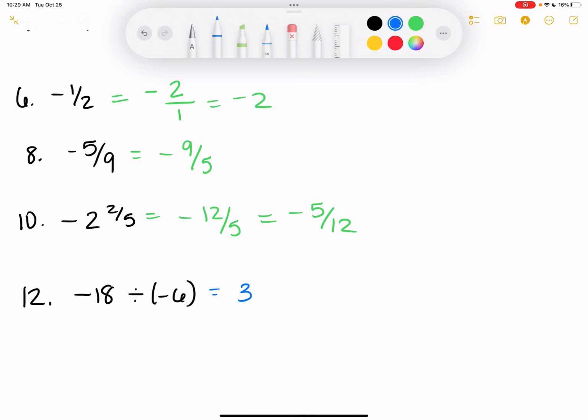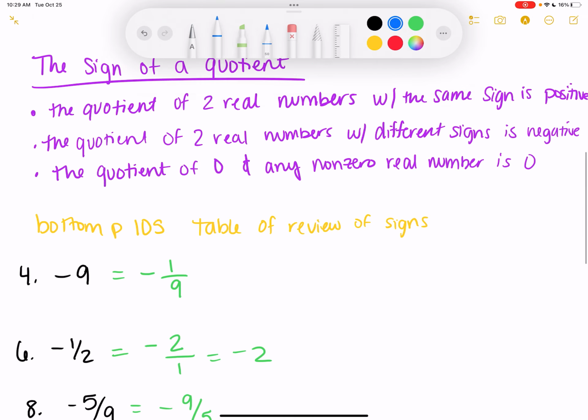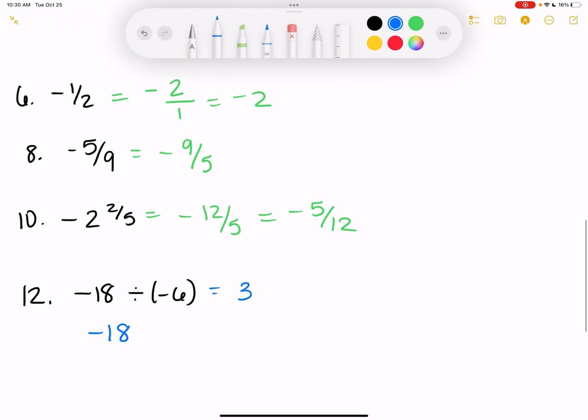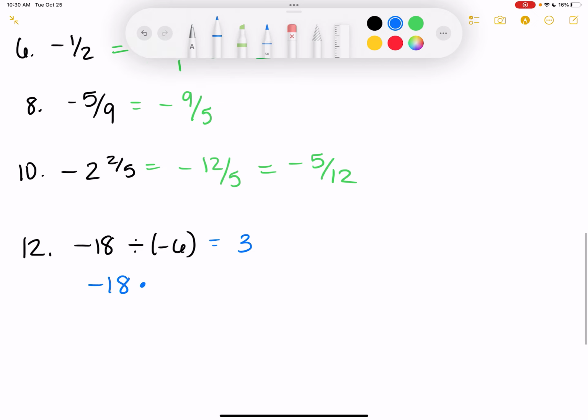So we would have negative 18. And what we did back up here was we said that I can multiply by 1 over, so the multiplicative inverse of whatever I'm dividing by. So I would multiply by negative 1 over 6. Now, they have the same sign, so what is my final answer sign going to be?